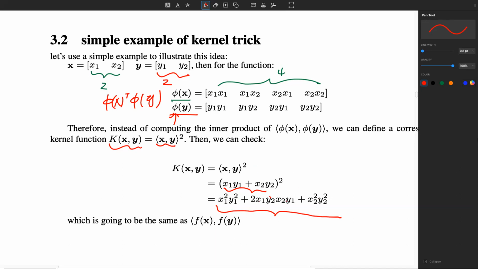So here is an example showing that this is the correct corresponding kernel function for these phi functions. But let me repeat, normally you don't actually know that. You don't know what phi is. Any questions about this?